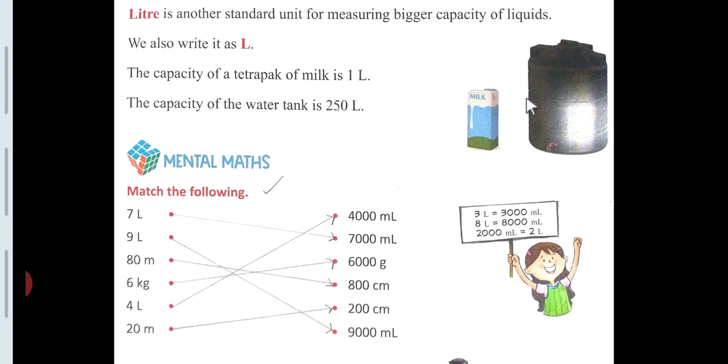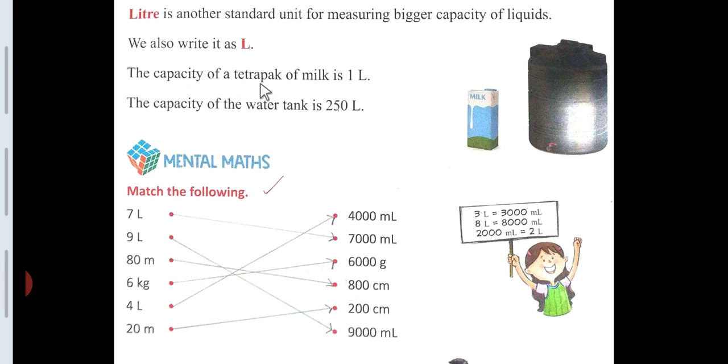In your house, you can see this tank on your terrace, from which water is supplied to your kitchen, your washroom, and for other purposes. We write it as L, capital L, because it is the standard unit of measuring bigger capacity of liquids.